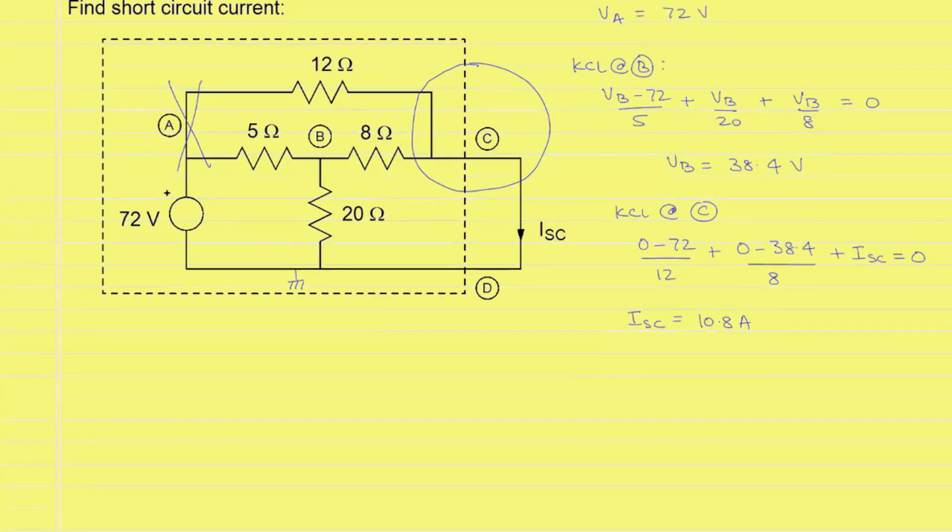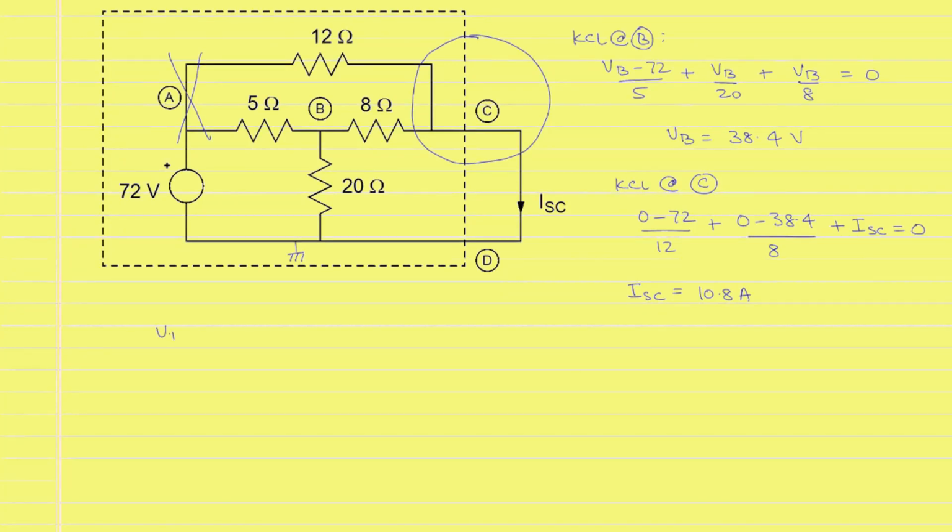Recall that the open circuit voltage VT was equal to 64.8 volts. We have the short circuit current as 10.8 amperes and the Thevenin resistance RT, which is equal to VT over ISC, will be equal to 64.8 divided by 10.8, which is equal to 6 ohms.